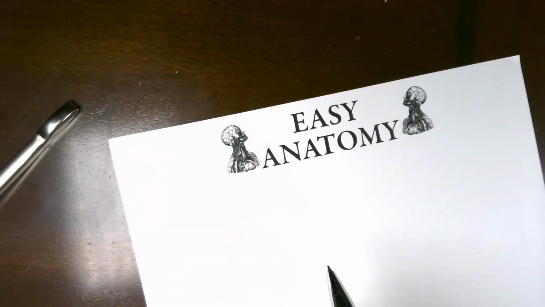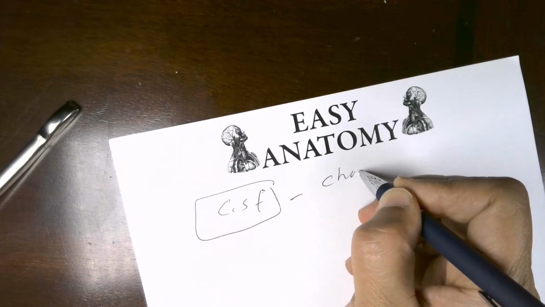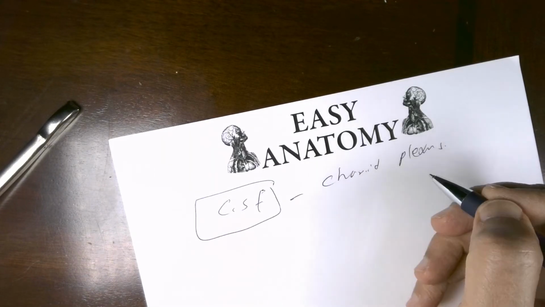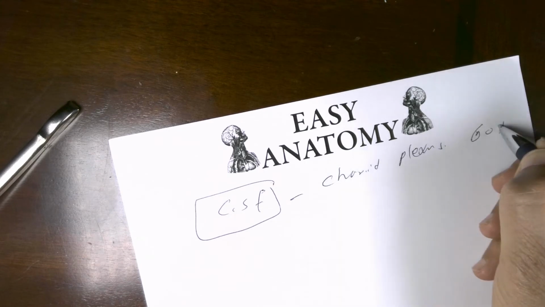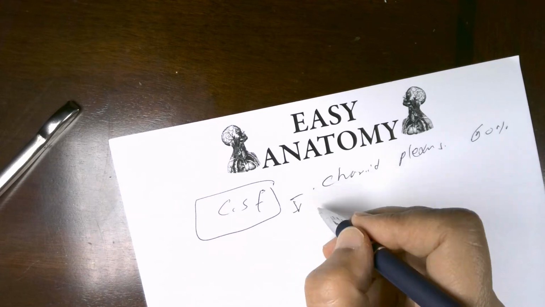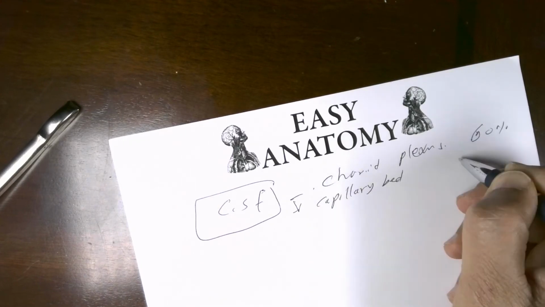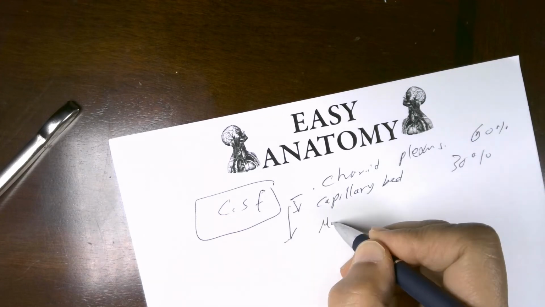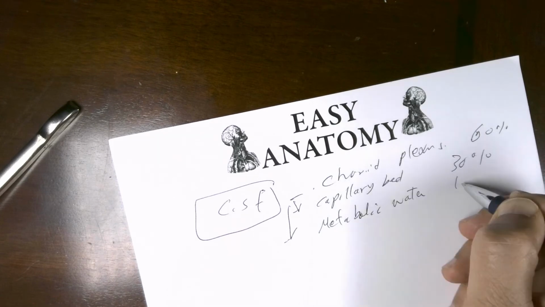So basically for CSF formation, you have the choroid plexus, okay, and this is 60%. Then the second source, capillary bed, about 30%. Then the third source is metabolic water, about 10%.